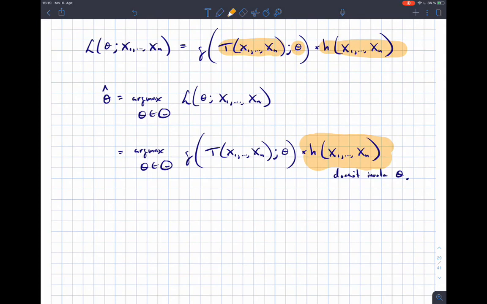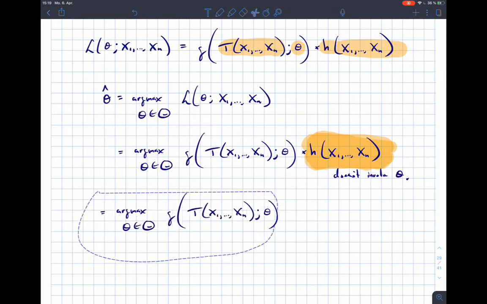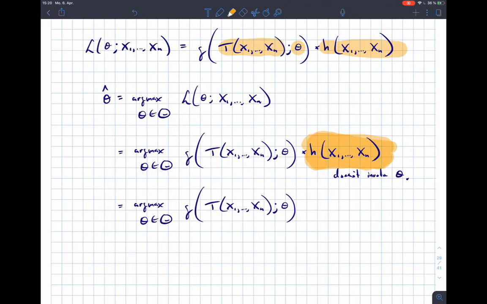So if I'm just maximizing this thing with respect to theta, it makes no difference what the value of this h part is. So I can write this again, that the maximum likelihood estimator is really just the value of theta, which maximizes this function g.